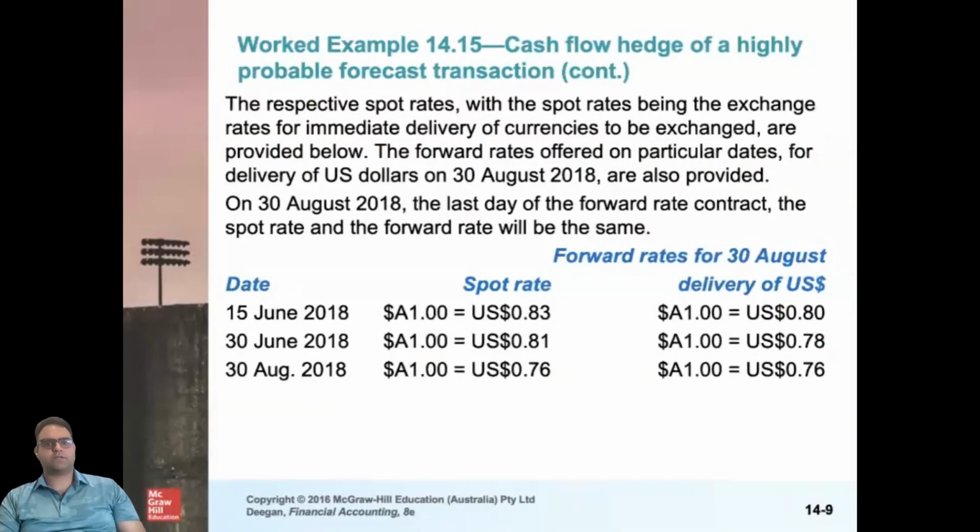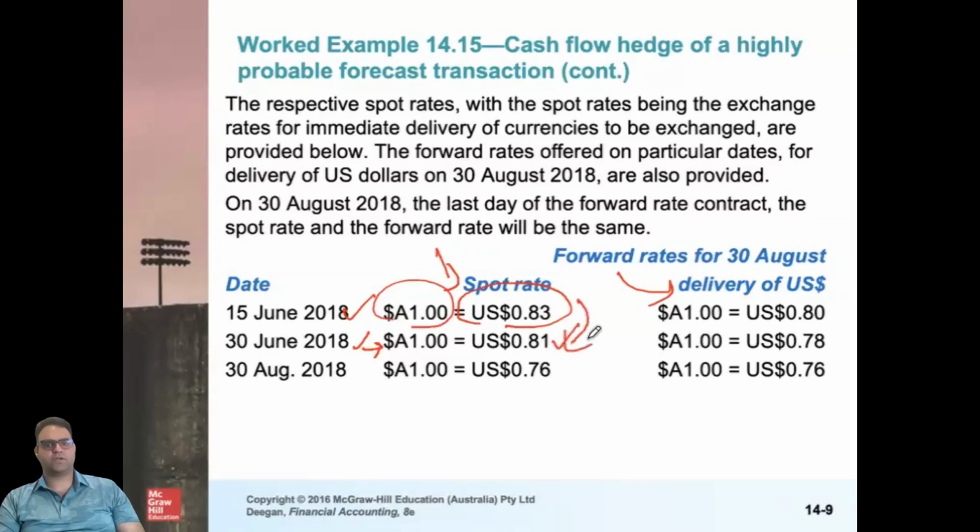Now, continuing the question, they say there's a different spot rates given every date. That there's a different forward rates are given. For example, on the day first they enter into a contract, there's a forward rate of 1 Aussie dollar. You will get 8.3 US dollar. Whereas if you enter into 30 June, 1 Aussie dollar will get you 0.81.